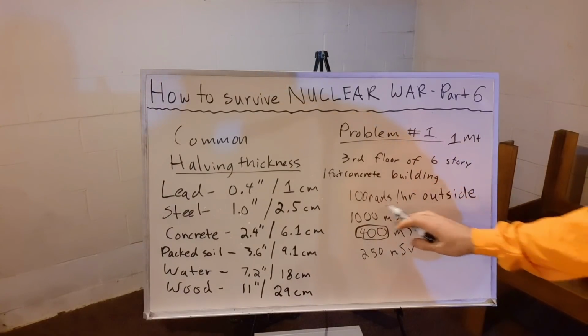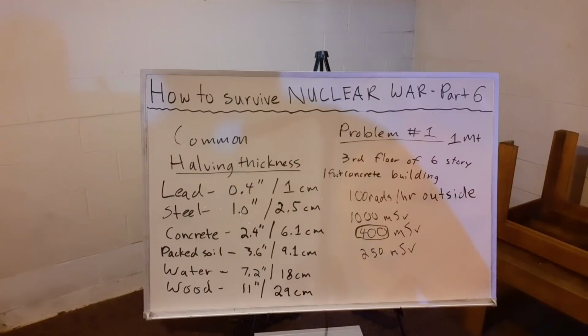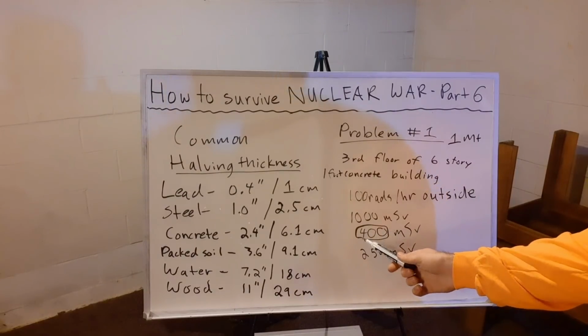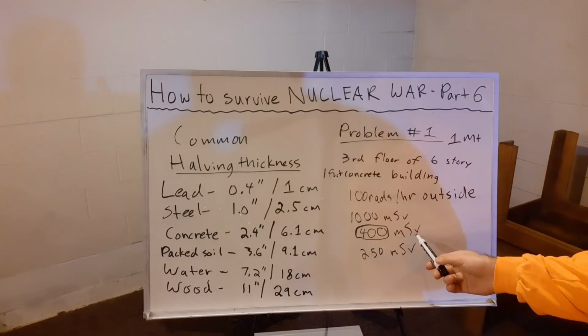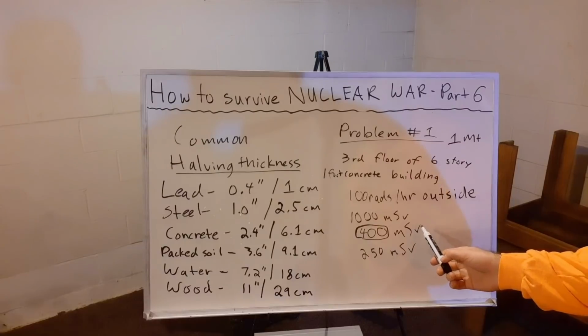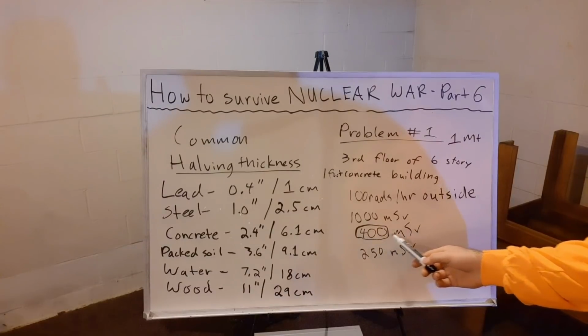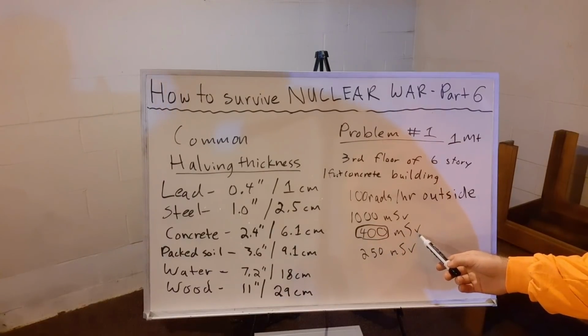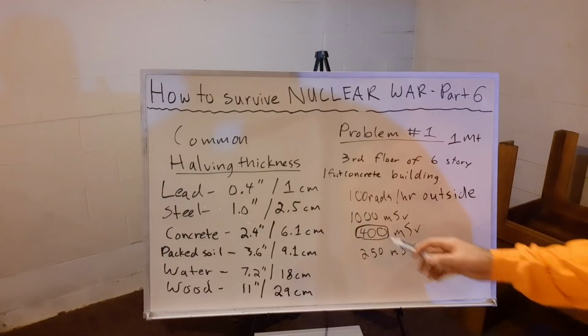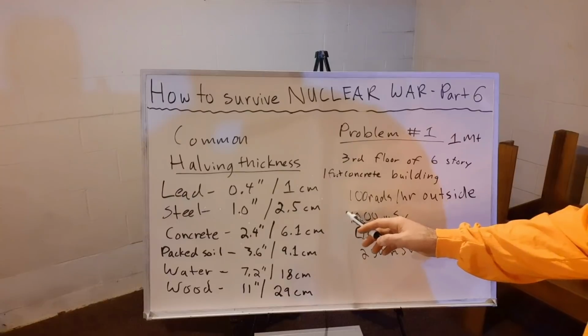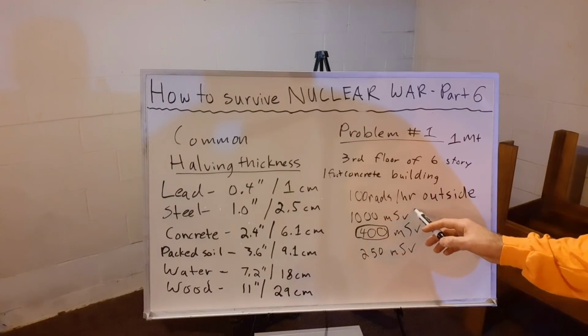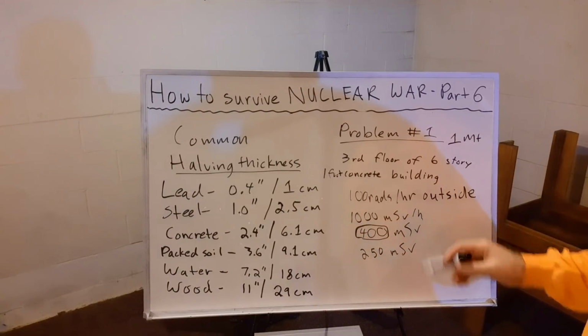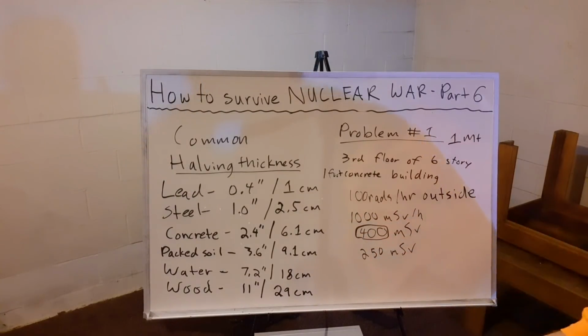We don't want to be outside in these conditions for a long time, because radiation sickness starts at 400 millisieverts of dose. And outside, it's 1,000 millisieverts per hour. So what does that mean?